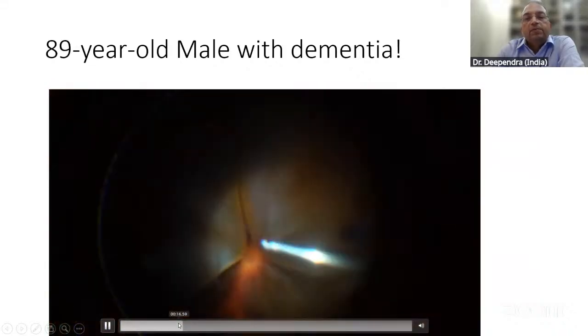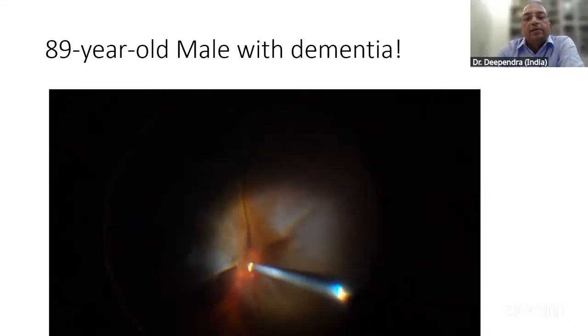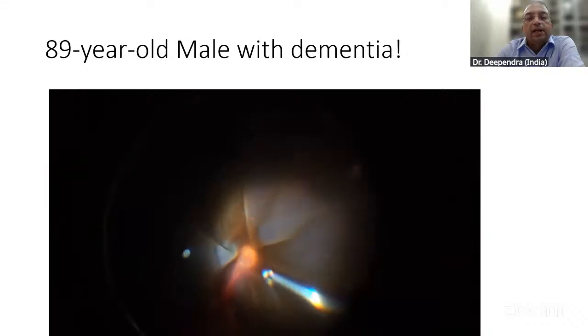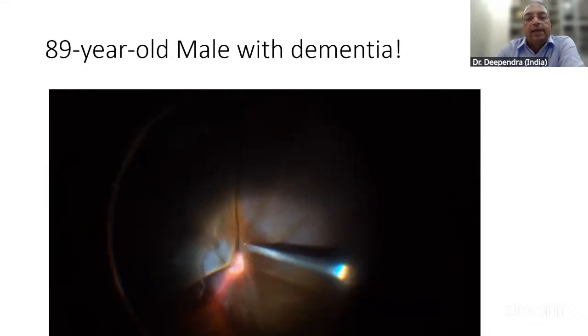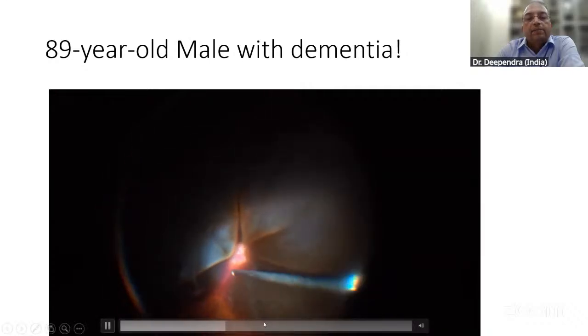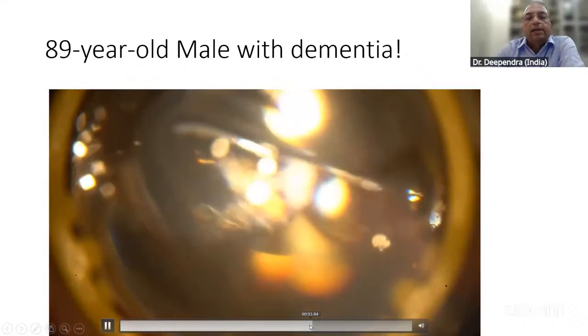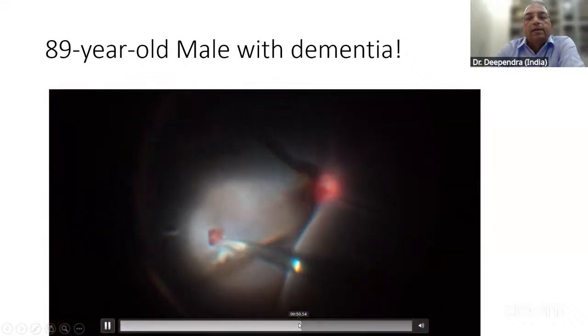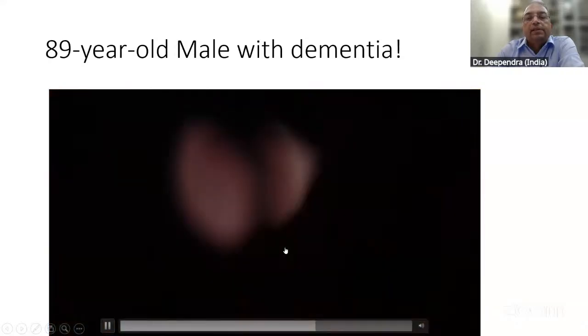And again, a similar patient with massive subretinal hemorrhage. We were thinking that we'll do a much more radical surgery, but he became very uncooperative. You see, I'm trying to remove the posterior hyaloid, and within 15 minutes of surgery he became quite uncooperative. So quickly, what we did was 4-quadrant retinotomy, heavy liquid, and PFCL.